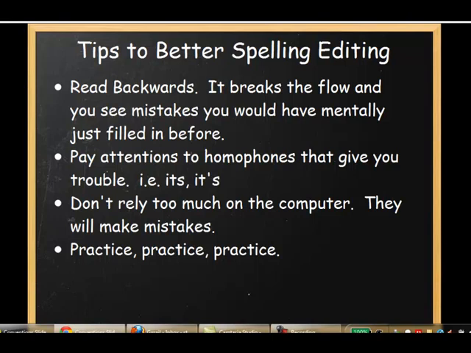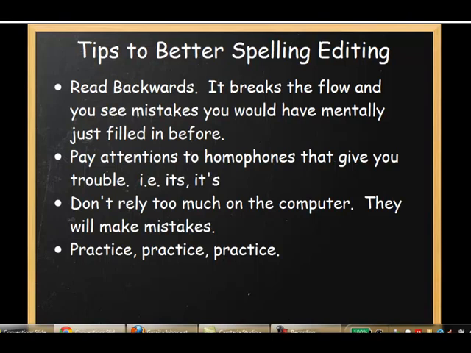Read backwards. This is one of my favorites because if you read forward and you already know what is supposed to be said, a lot of times your mind will go ahead and fill in the correct form when it's not really correct.